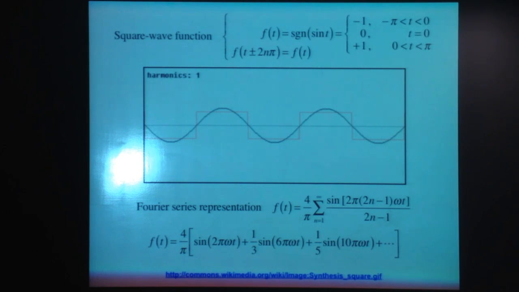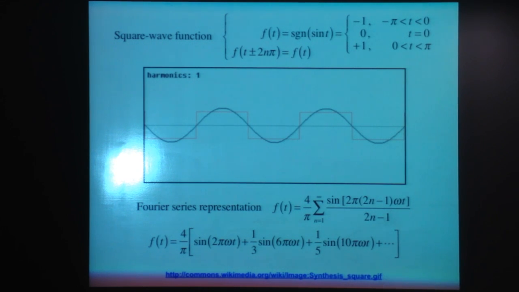so we're trying to model this square wave function, and what's plotted here is a sine function. In effect, the black curve is this first term, right? And the red square wave function would be the sum over the whole series.